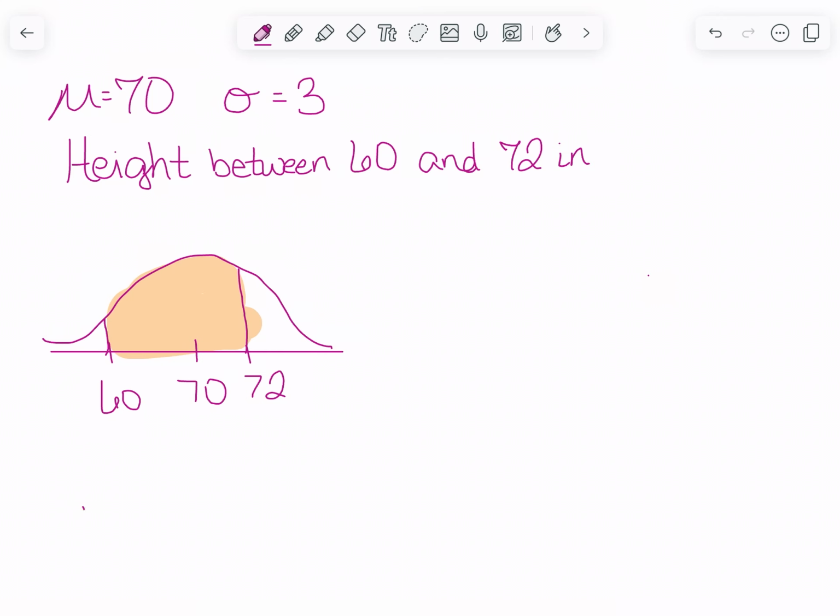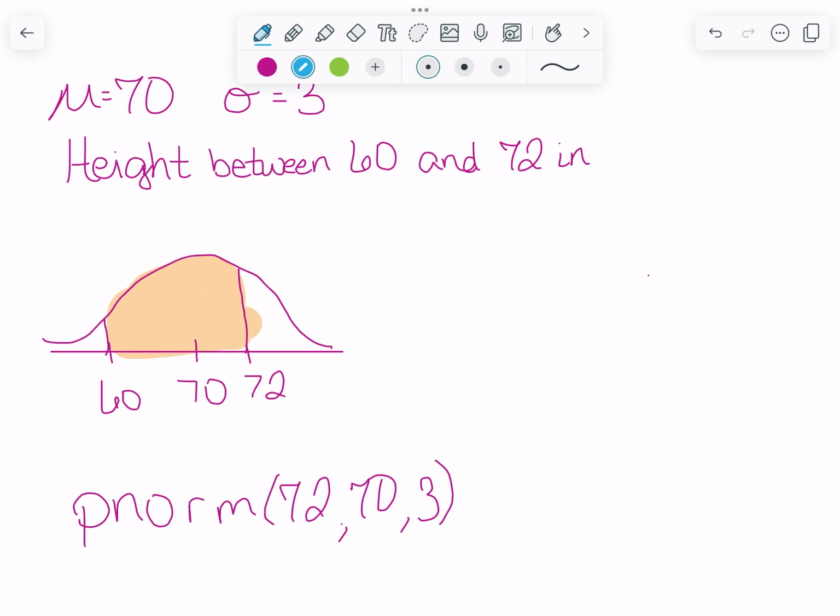If I try to use my larger value, my pnorm of 72, comma, 70, comma, 3, this is actually going to give me this whole area to the left. So that's what this part gives me.